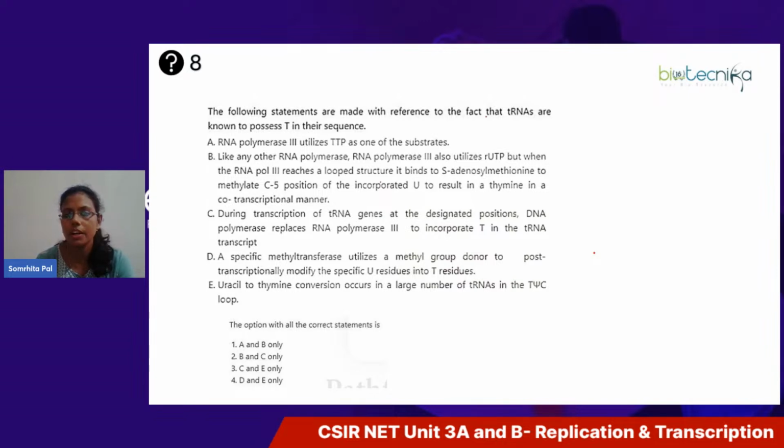So those who have asked me the question in class whether it is important or not, and now also you're thinking at the back of your mind whether tRNA is important or not, here is a question of part C. You do get questions from tRNA as well. And don't think about skipping it because it's a very small thing that you need to study.